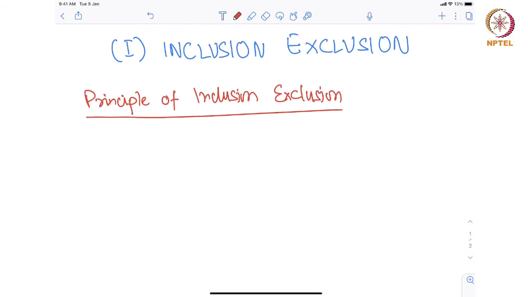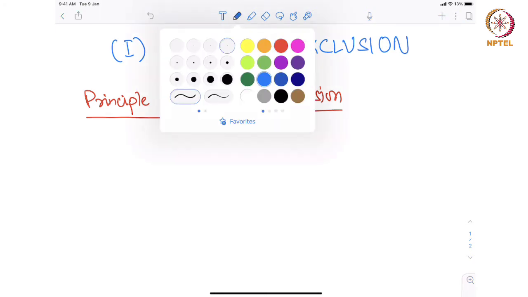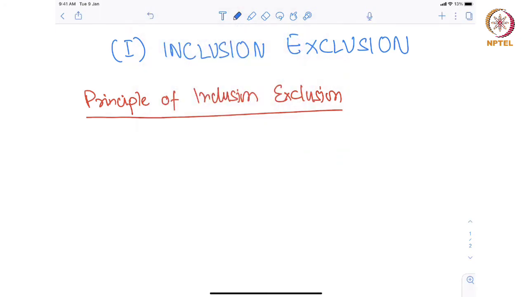So the principle of inclusion-exclusion, there are several formulations you have seen. We will see the more classical formulation later, but let me tell you a slightly different formulation, and maybe this will help you.